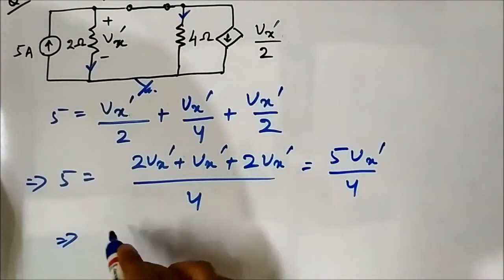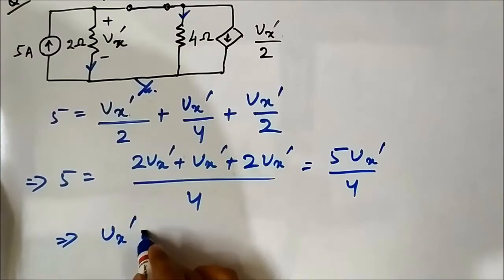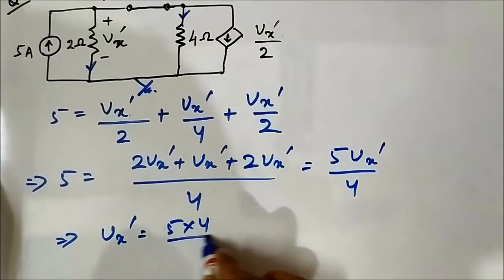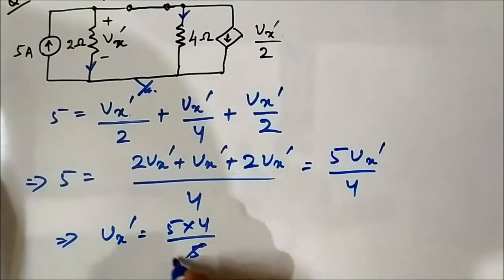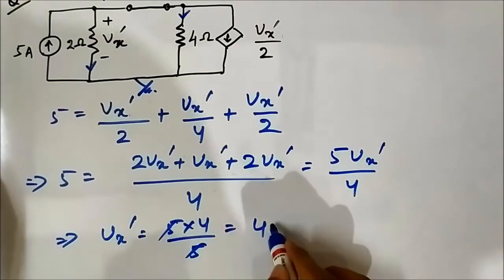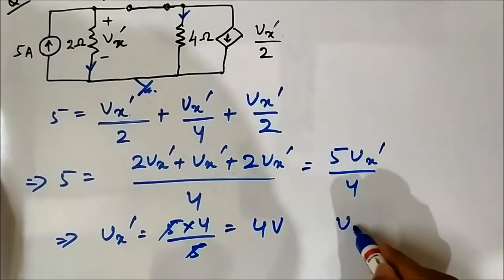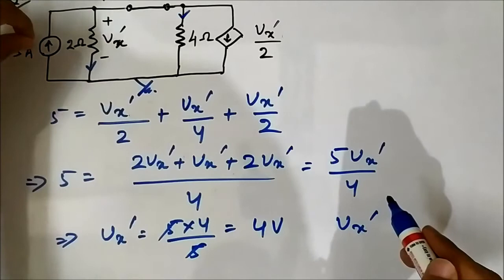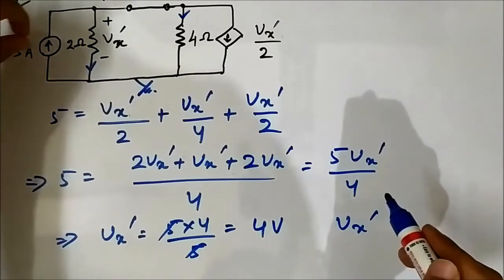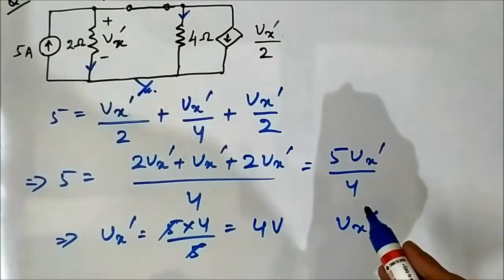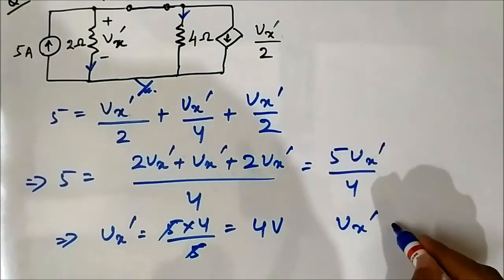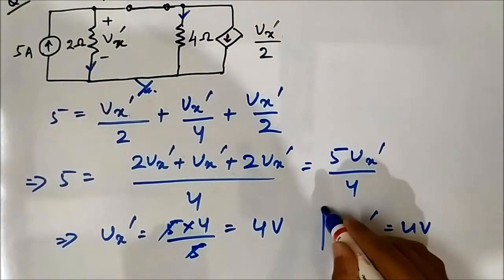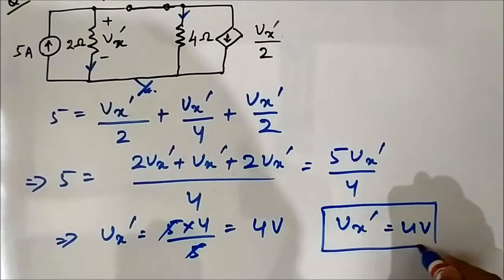That implies Vx dash is equal to 5 into 4 by 5. 5 is cancelled, which is 4 volt. Vx dash, this voltage in step 1, considering the independent current source 5 ampere and deactivating the 6 volt voltage source, is 4 volt. This is the conclusion of the first step.